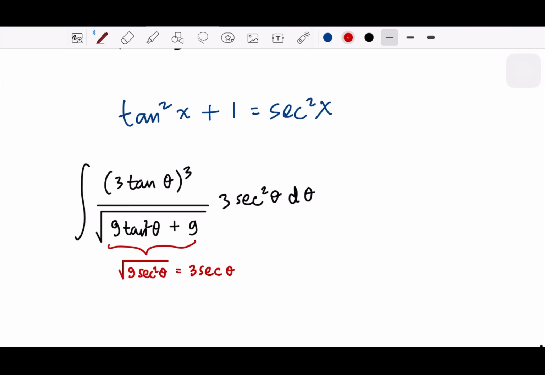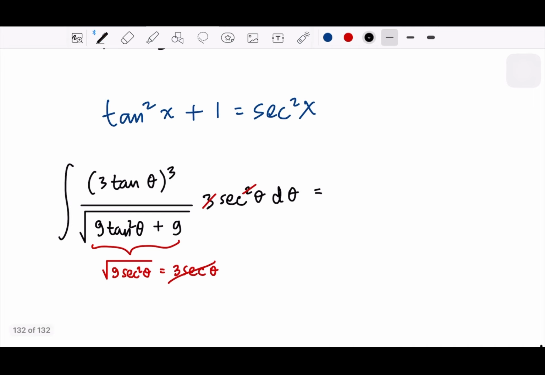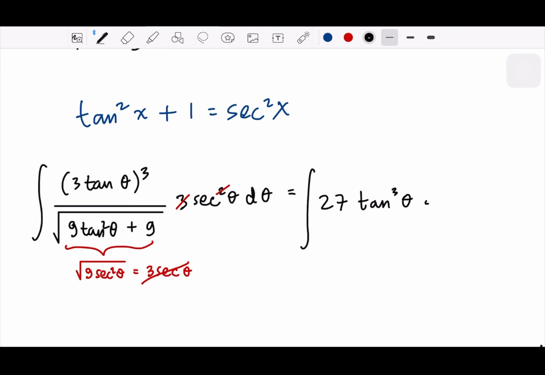And this 3 secant theta will perfectly cancel out from this one right there. And we can write down that this will be 3 with power of maybe just 27, and then tangent cube, and then secant theta d theta.